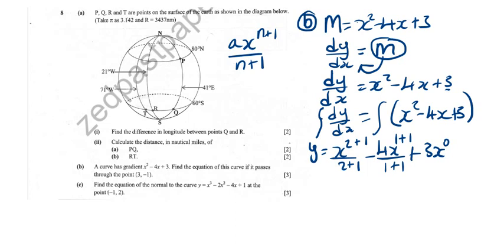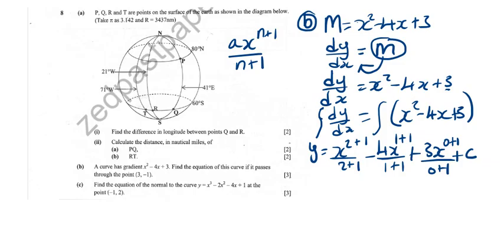So in this case, we're going to say 3x to the power 0 plus 1 over 0 plus 1. Now we are going to introduce plus c, which simply means that there was a constant number which became 0 when they were differentiating.